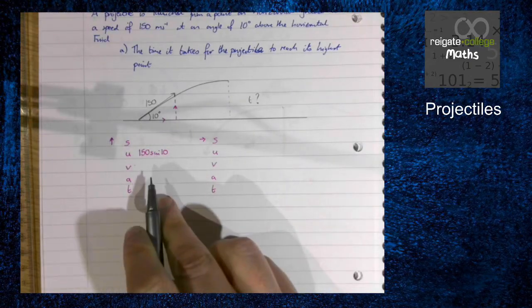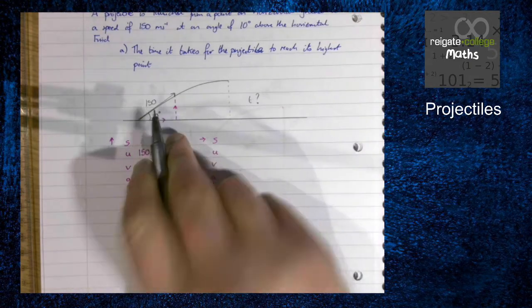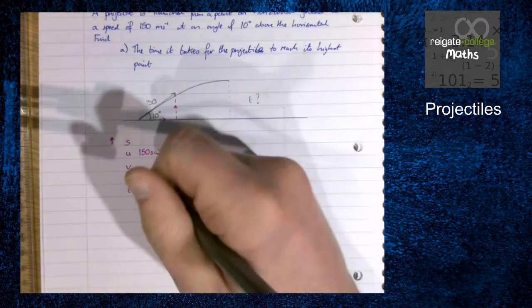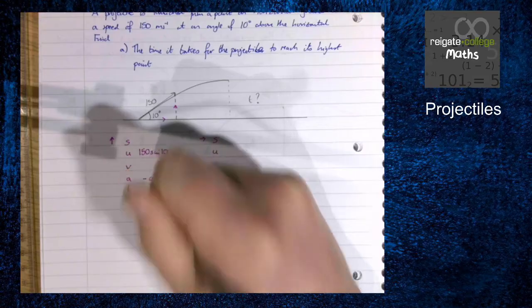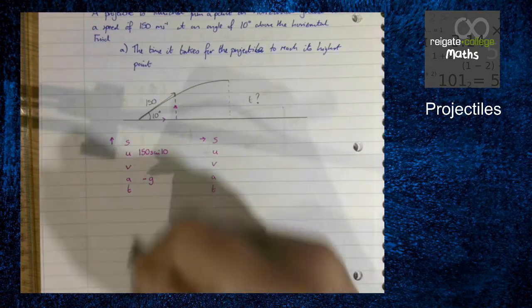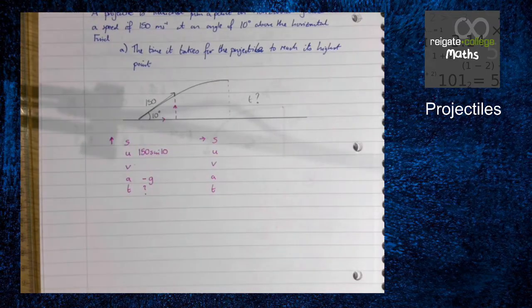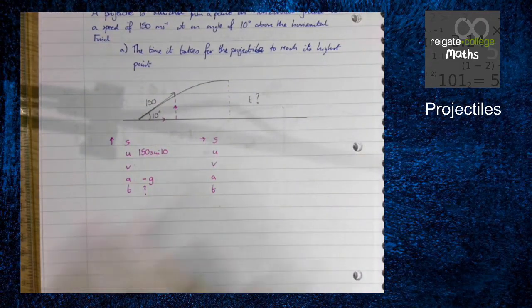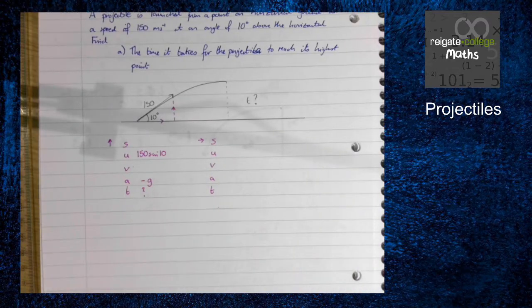We'll come back to v, the acceleration. So it's been projected, and then all it's doing is slowing down. And so the acceleration is minus g. T is the thing we're trying to find. We don't actually need the horizontal part for part A. But that'll come in part B. So we'll come back to that and we'll fill that in later.